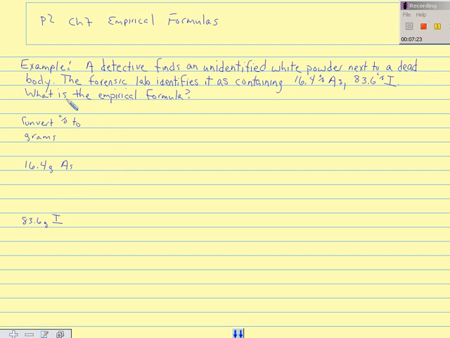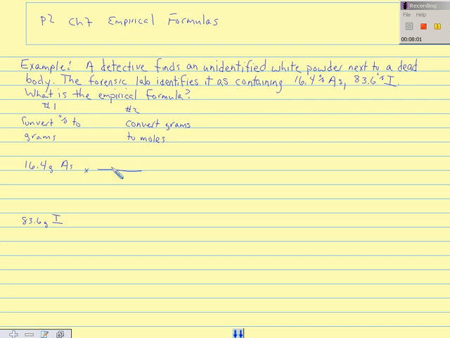That's step number 1. In step number 2, you're going to convert grams to moles. We started off with 16.4 grams of arsenic. We need to get to moles of arsenic.